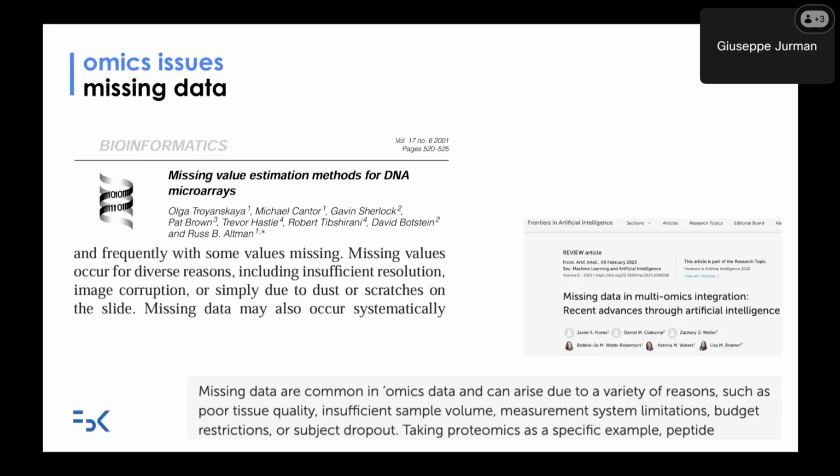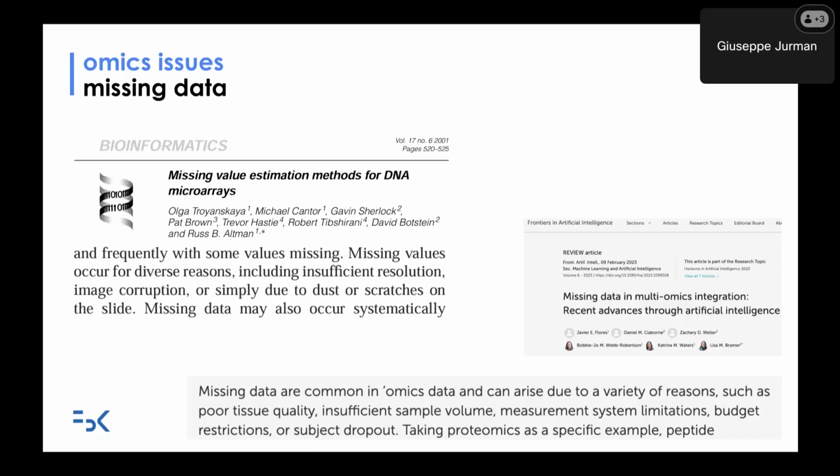So you can always assume that any kind of sequencing data is somehow affected by missing values. And although it's a very well-known problem, this is still unsolved.